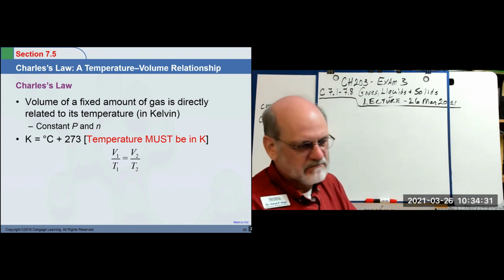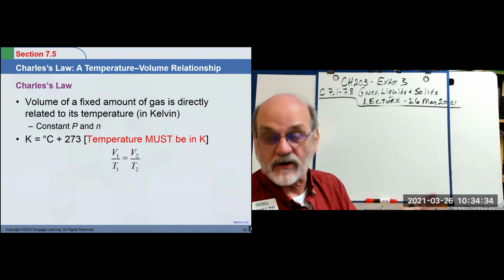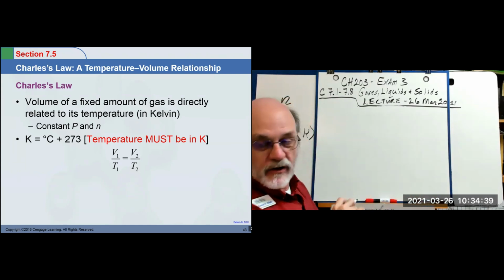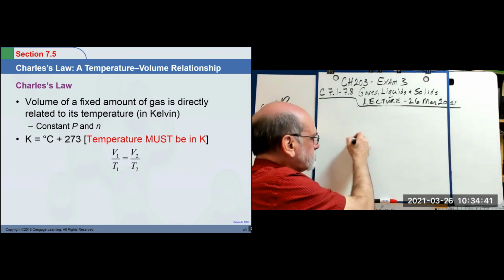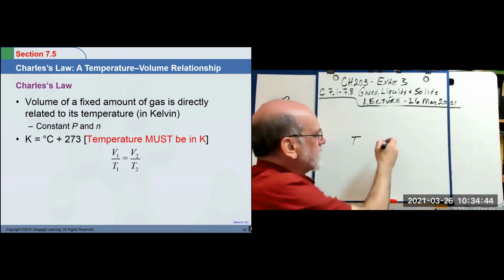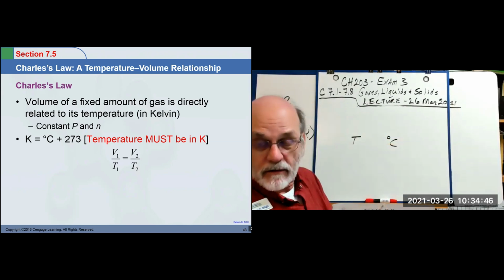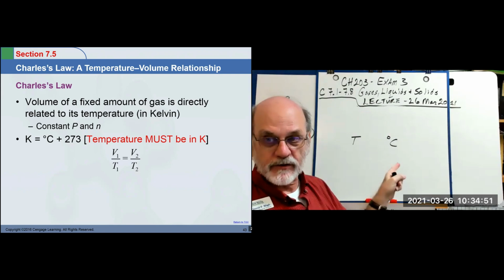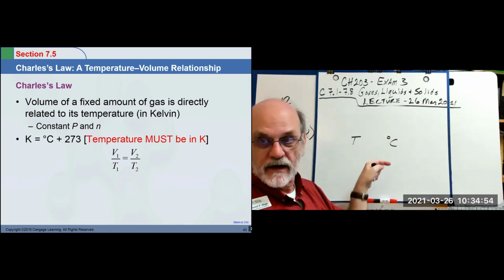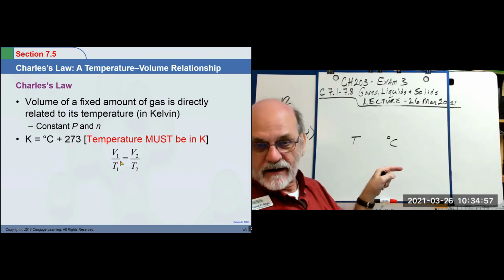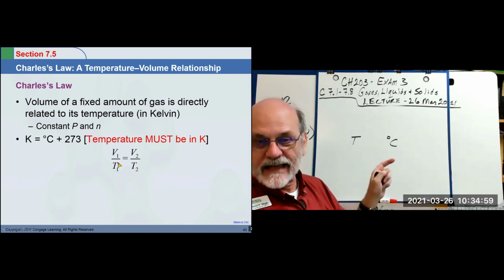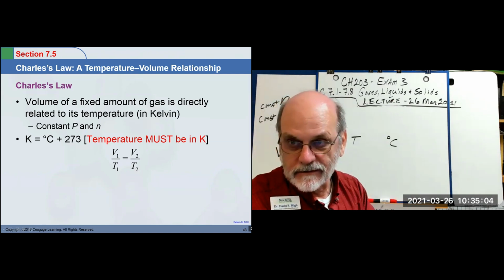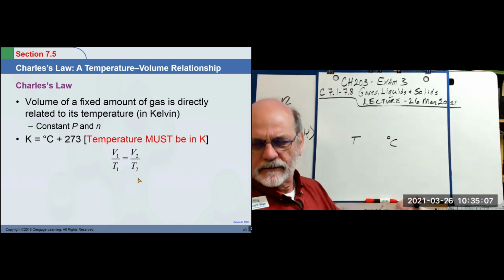There's a scientific explanation and there's a practical explanation for why temperature must be Kelvin. The practical explanation is this: what happens if you use degrees C? Well, on that scale, you have negative numbers. If your temperature drops below 0 degrees Celsius, you're into negative numbers, and then you've introduced a negative term into the expression, and your volume might come out negative, right? That'll never do. You can't have negative volume.